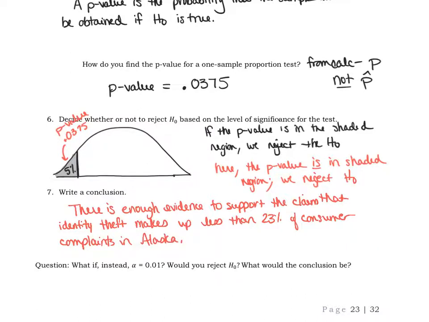Okay, because we are rejecting the null hypothesis. Remember, the null hypothesis was it's 23%. We have evidence because our p-value is in this red zone, if you will. I know I colored it black, but I circled it red. It's in the red zone, so we have evidence to support the claim that in Alaska, it's really less than 23%.